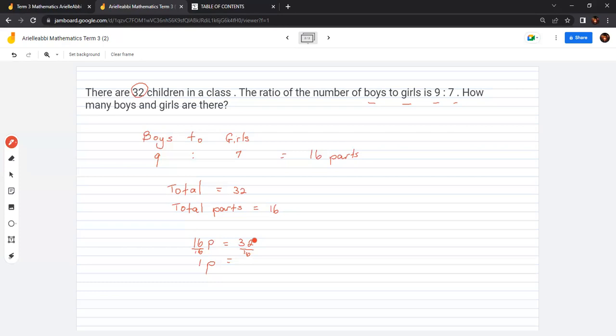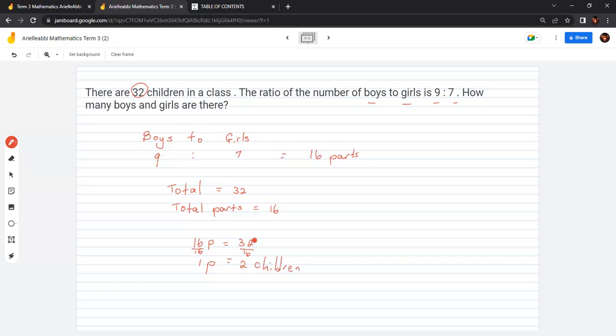So 32 divided by 16 will be 2. So that means one of those parts, when it comes to the ratio, represents 2 children.